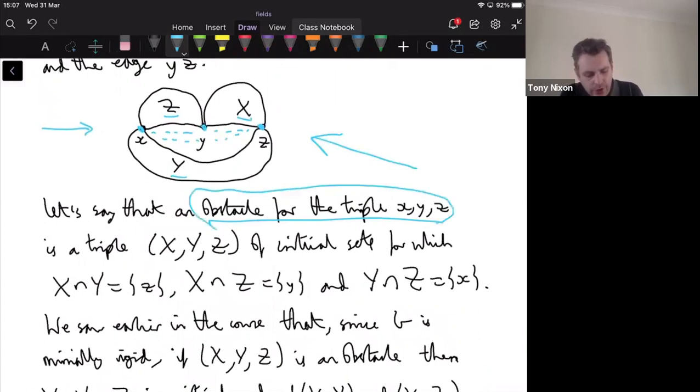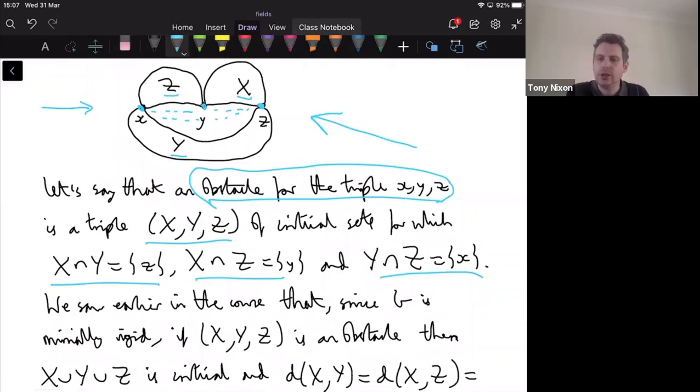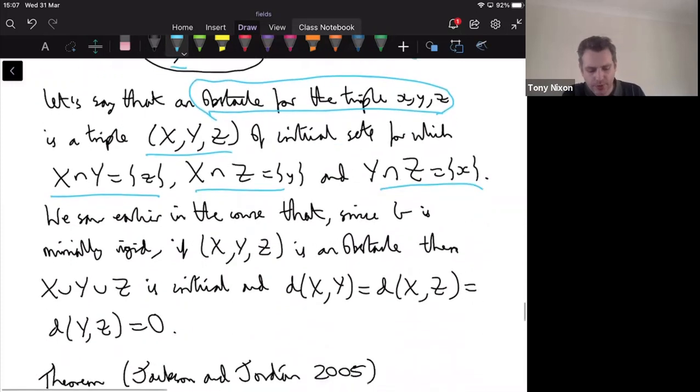It's a set xyz of critical sets where each pair intersects in the relevant vertex, and this is going to be the only reason why a minimally rigid framework suddenly becomes not infinitesimally rigid with the realization of those 3 points collinear. Okay.